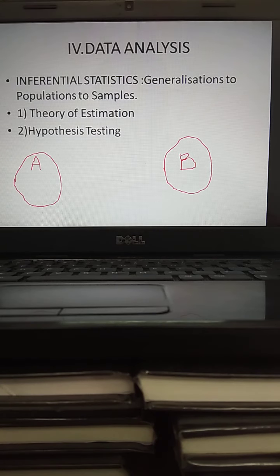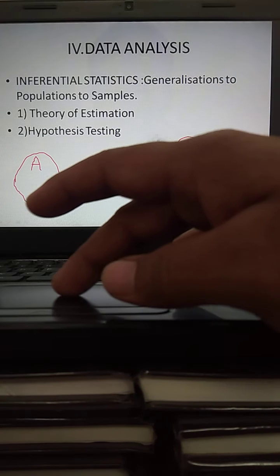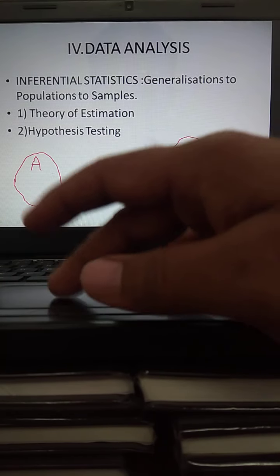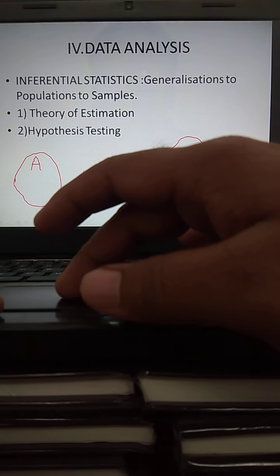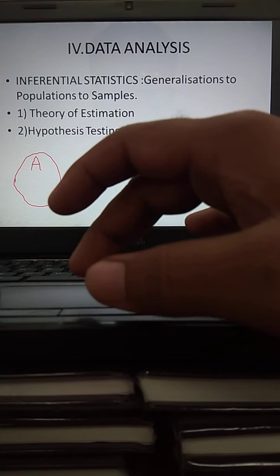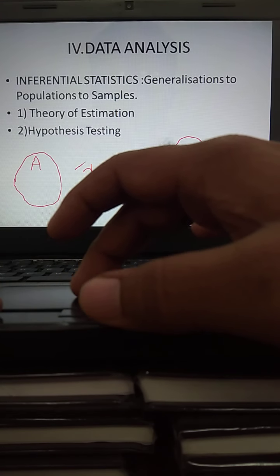Understand? Strictly speaking, in terms of statistics, as you know very well, what do you call this? This you are calling the mean. Generally, the mean is represented by x bar.